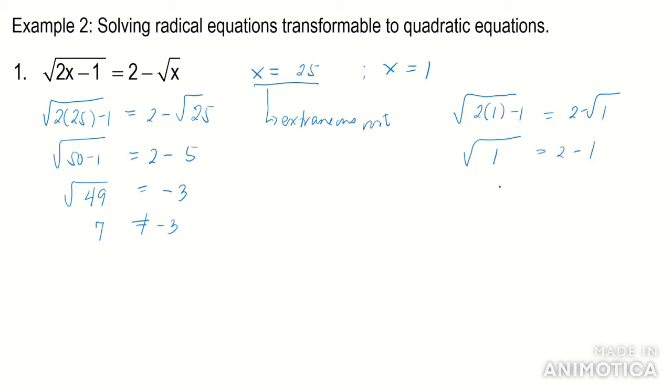What is the square root of 1? 1. Then what is 1 minus 1? It is equal to 1. So therefore, x is equal to 1 is a solution. So the only solution of this equation is x equals 1. Okay. That's it.